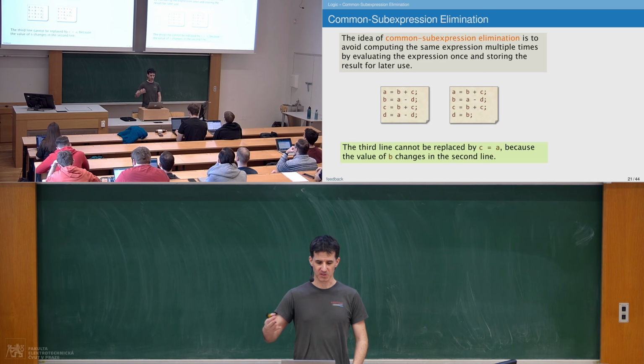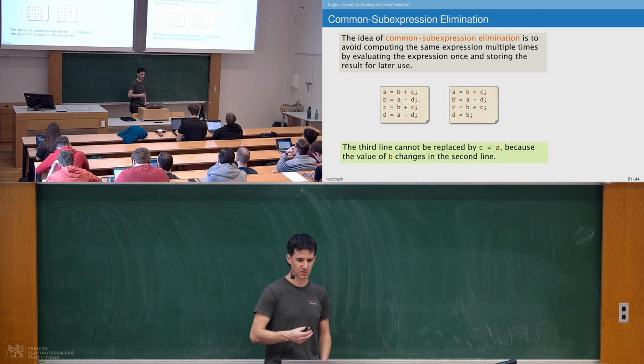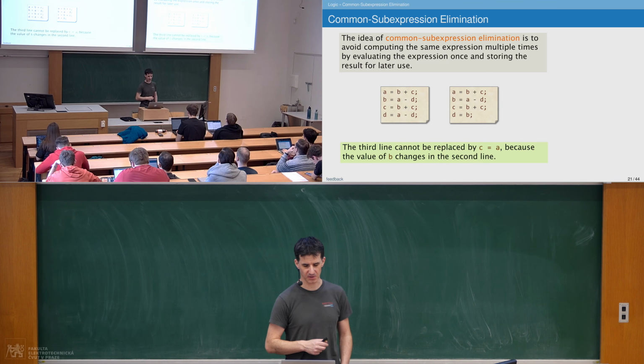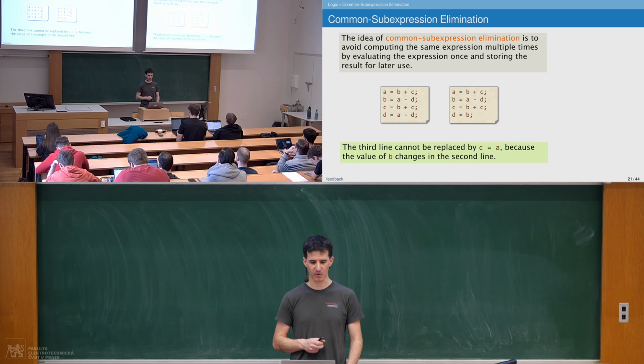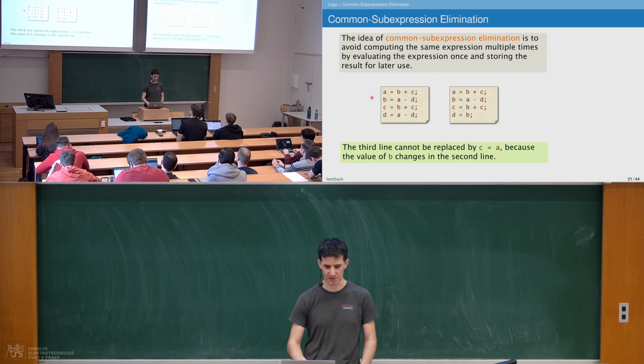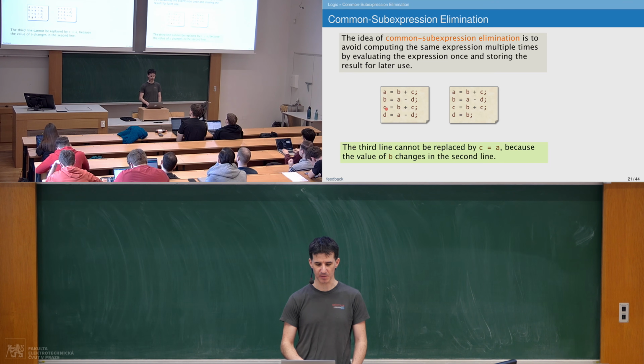Similarly, common sub-expression elimination. I have already covered that in the example before. If you have a common sub-expression like here a minus d, the same value b and d can be calculated, or actually d doesn't have to be calculated again because the same value would be here, this b.